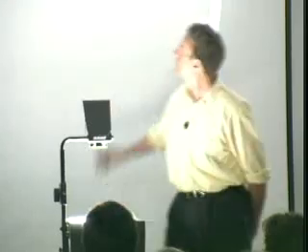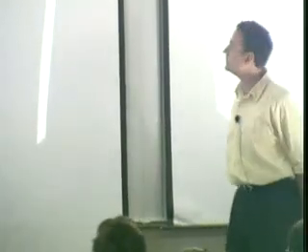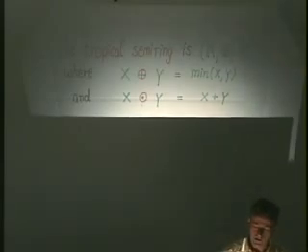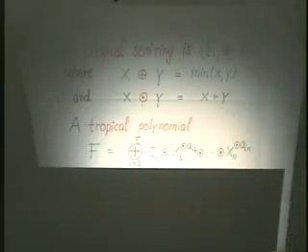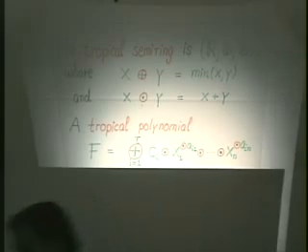So yesterday we saw the tropical semiring, the real numbers with the tropical addition, which is the minimum of 2 numbers, and tropical multiplication, which is the sum of 2 numbers. So then we're ready to form polynomials. As soon as we can add and multiply, we can form polynomials. A tropical polynomial is a tropical sum of r monomials.